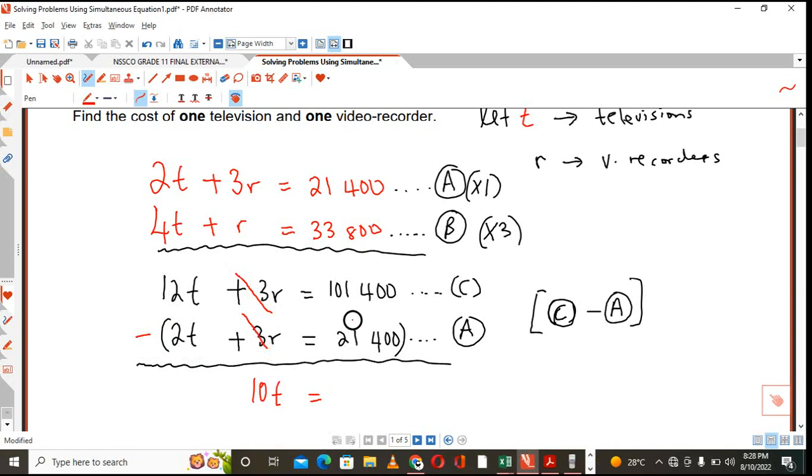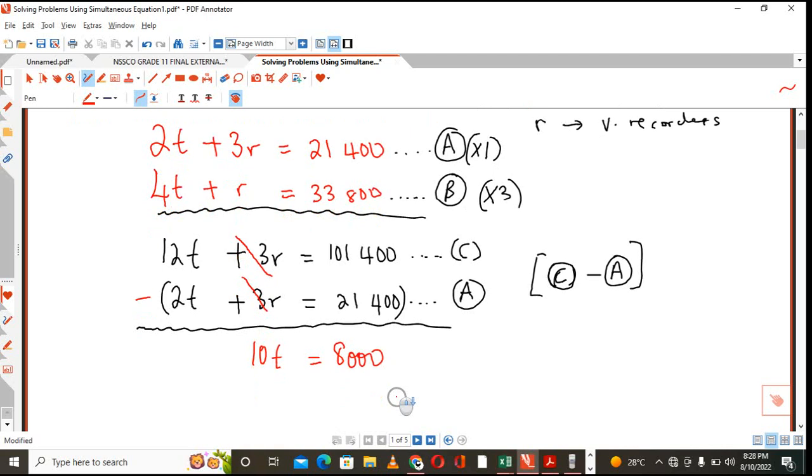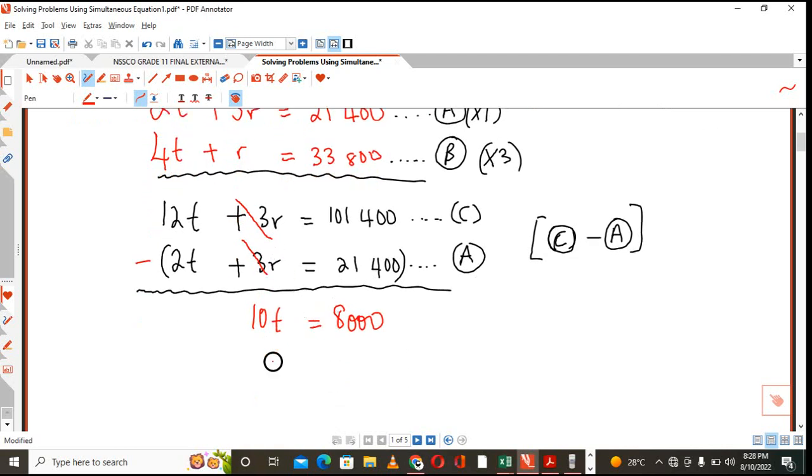When you take 101,400 minus 21,400, you will get 80,000. What is left is to divide throughout by 10, so T effectively becomes 8,000.